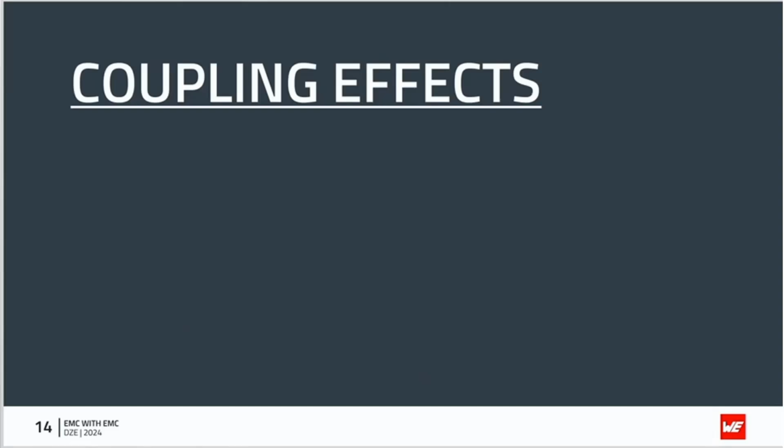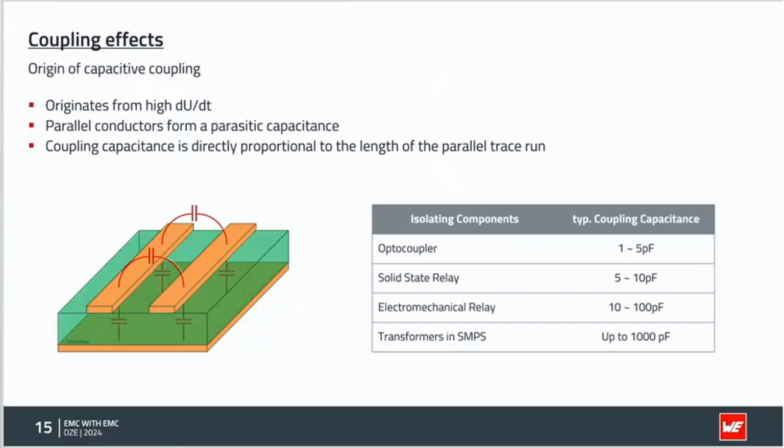So, what coupling effects do we have? Well, when we speak about coupling effects, first of all, we always have the electromagnetic wave. In the near field, one is more dominant, either the electric field or the magnetic field.